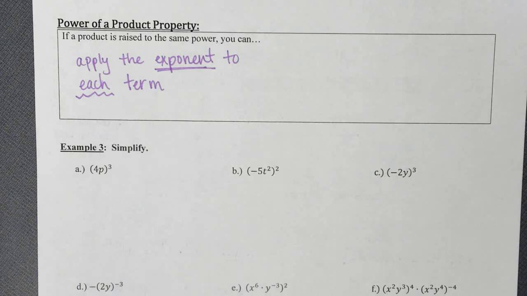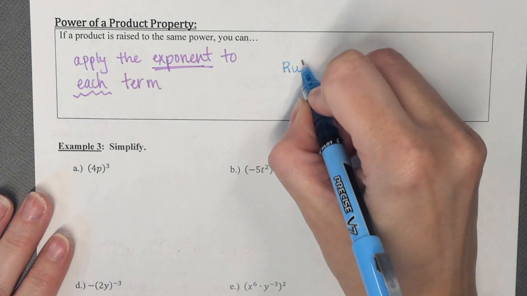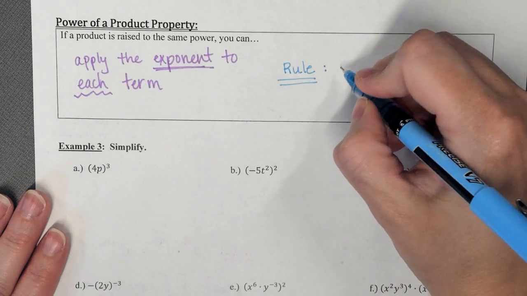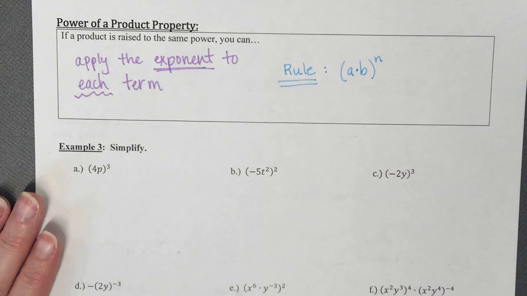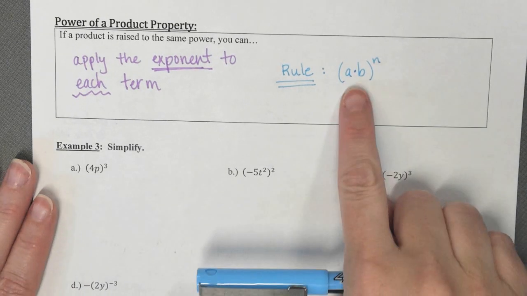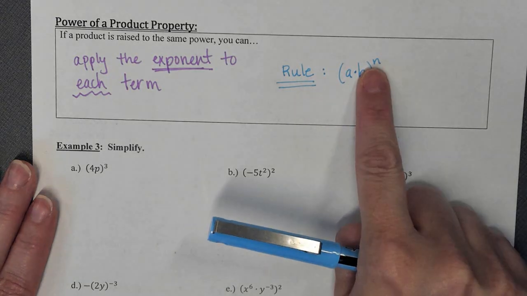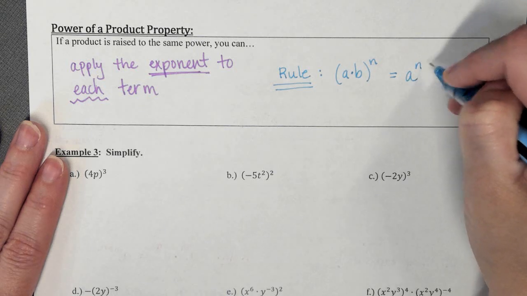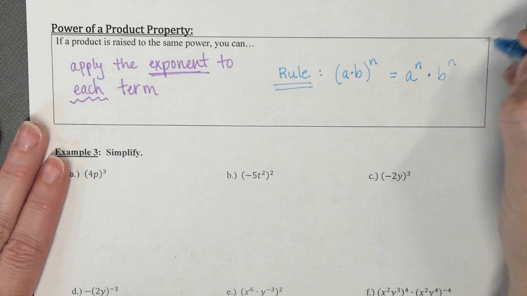So we're going to write out our rule for that. If you have something inside the parentheses that's multiplied and raised to this power, what you can do is raise A to the nth power and B to the nth power.